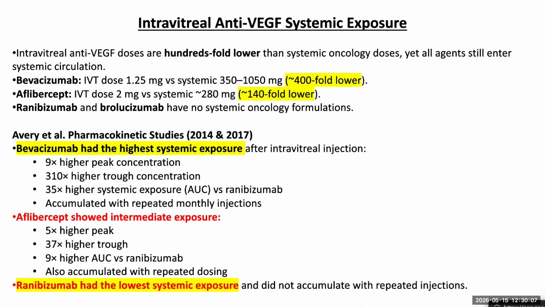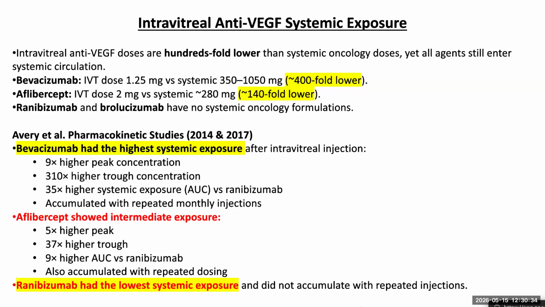So how much systemic absorption can lead to some renal side effects? Intravitreal anti-VEGF doses are hundreds-fold lower than the systemic doses we use for oncology purposes. The bevacizumab dose is about 400 times lower in intravitreal injection. Aflibercept is 140 times lower, and ranibizumab and others have not been used for oncology purposes.